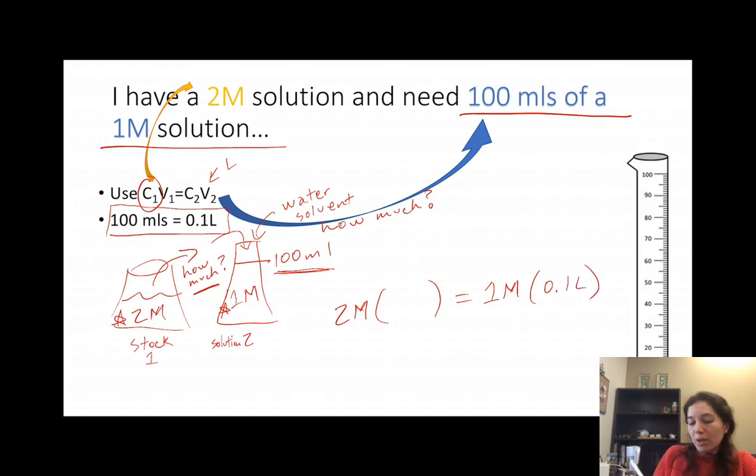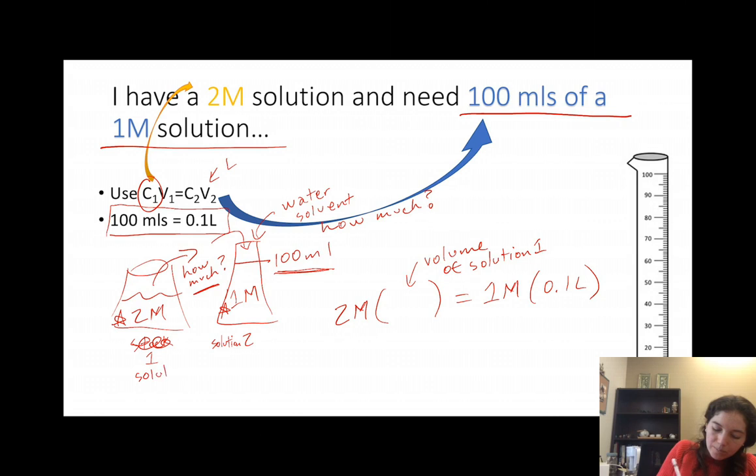If you solve this equation, it's going to tell you the volume of solution 1. This here is our solution 1. So it's going to tell you how much of solution 1 you need.